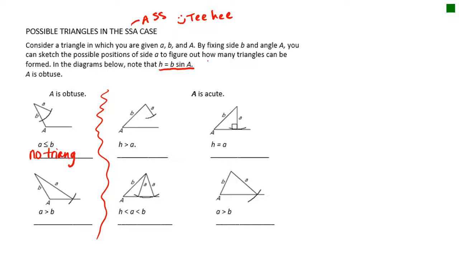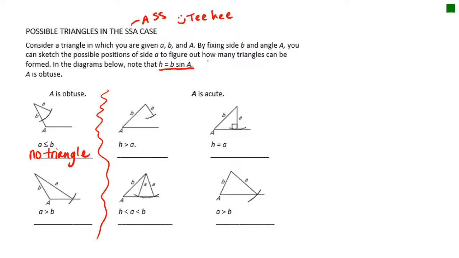So if I give you two sides and one of the angles opposite one of those sides, like B and C and angle C, or A and B and angle B, one of the angles has to match the side. This is when we're going to check. First, we're talking about that angle being obtuse.